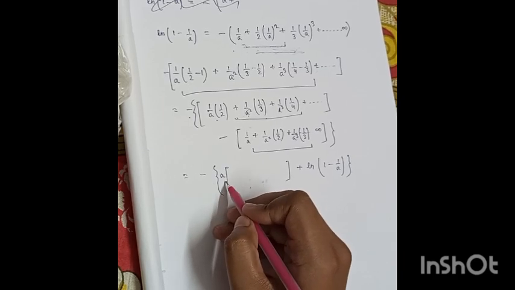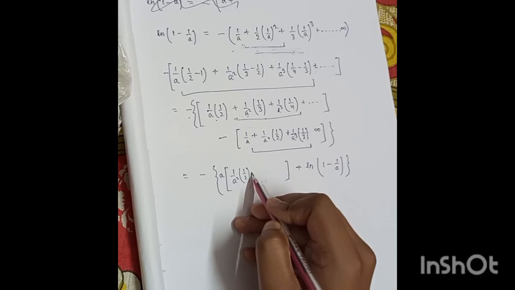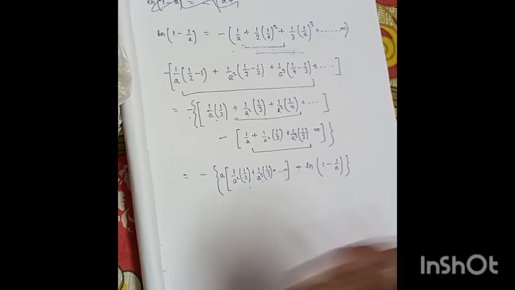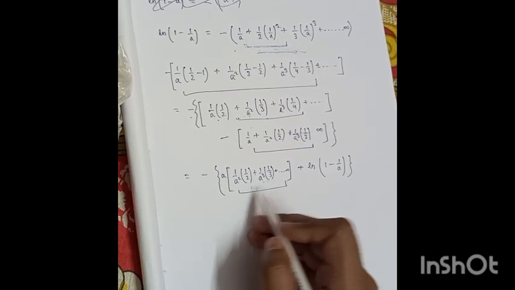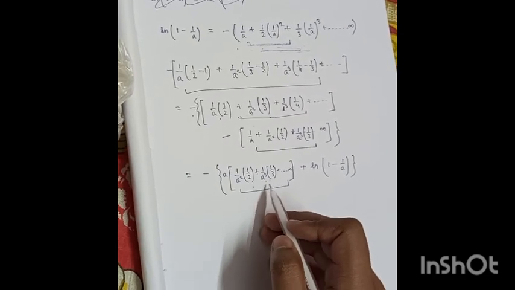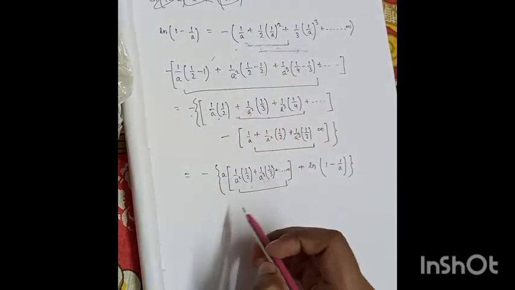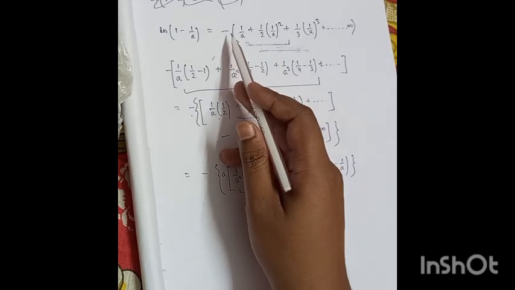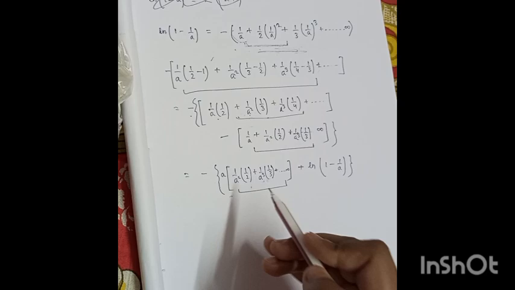So a will be outside, and then 1 by a square into half plus 1 by a cube into 1 by 3 plus so on up to infinity. Now clearly see this expression is nearly similar to this expression, except this minus sign and this term. This term is missing here.